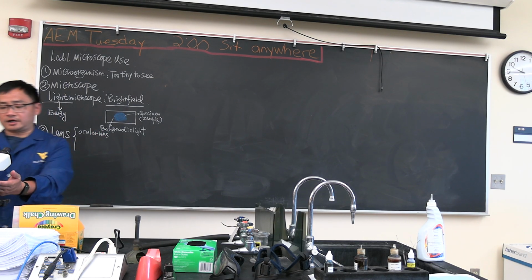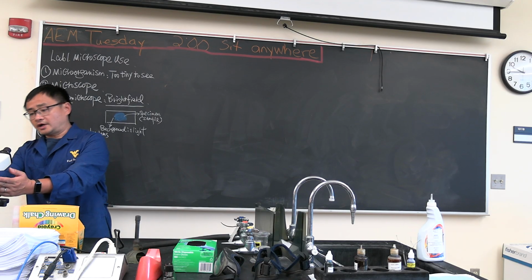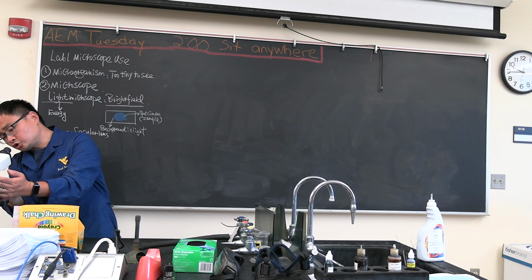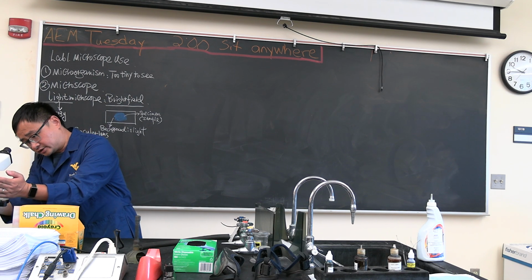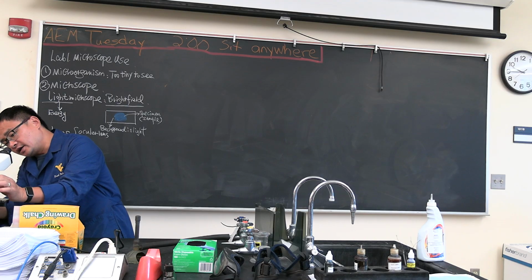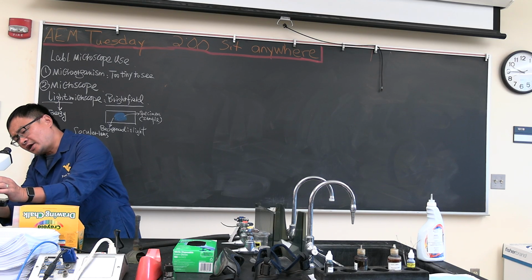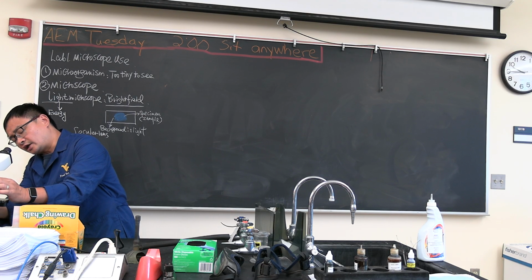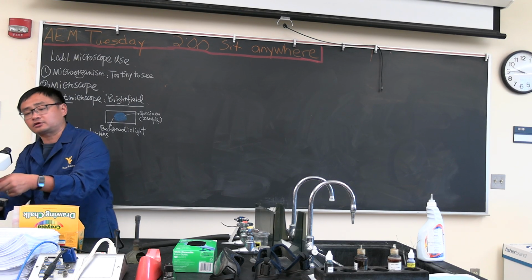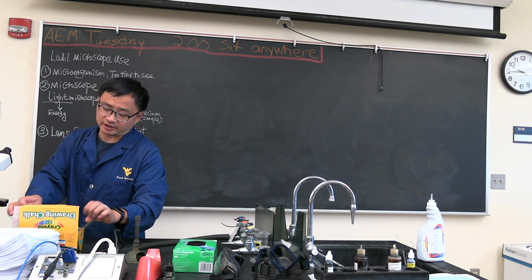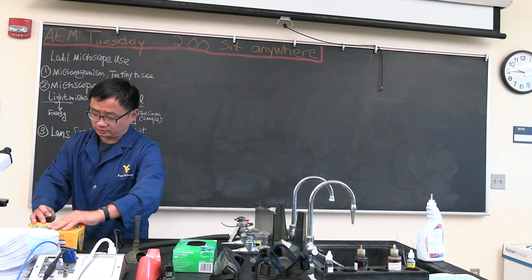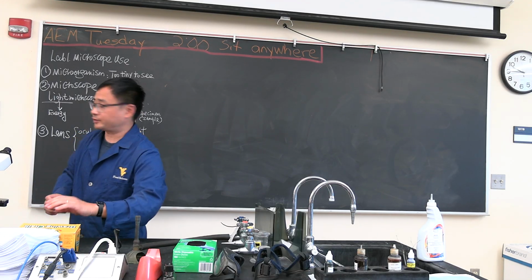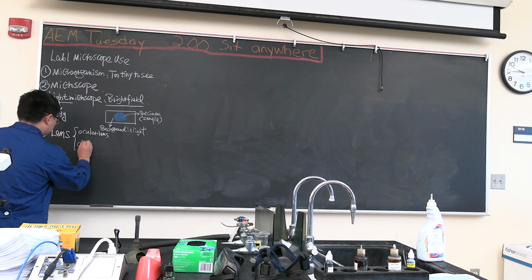Another one is down here. You have a very short red line called 4x, then a yellow line which is 10x, a blue line, 40x, and a white line which is 100x. What is this called? An objective lens, because it's close to the objective, which means the specimen.